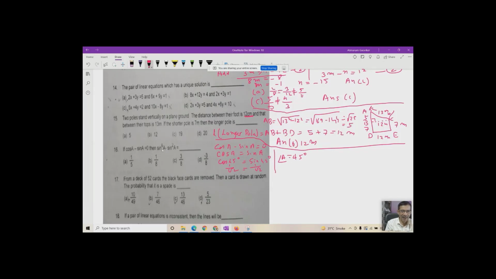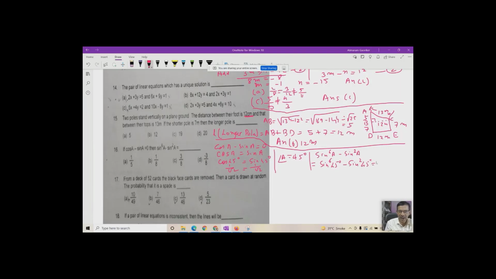And now I can write sine raised to 6 A minus sine square of A. This I can write as sine raised to 6 of 45 degrees minus sine square of 45 degrees.